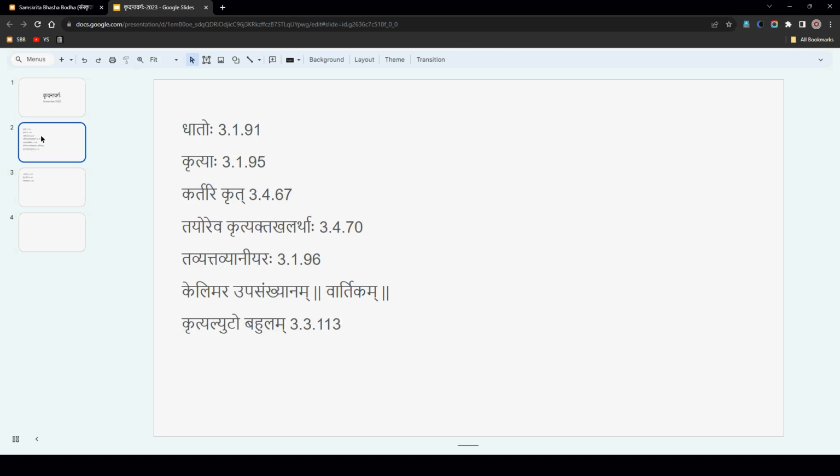These sutras regarding Krit Pratyayas are coming in the 3rd chapter of the Ashtadhyayi.